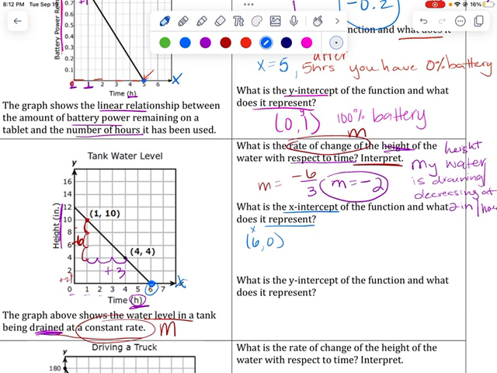And when I get to 6 hours, right? What's happening with the water height? It's all down to 0. So this tells me after 6 hours, my water height is at 0 or the tank has been drained.